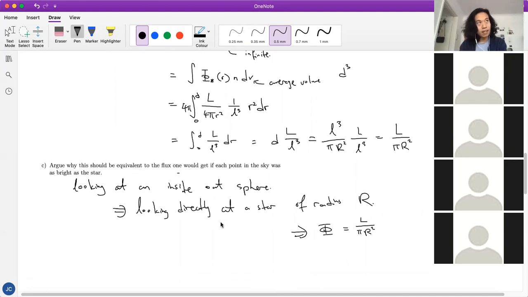Or you can just think about it like locally at a single point is as bright as a star, and everywhere you look is the same. So it's just the same as if you're just staring right at a star. Yeah, kind of.